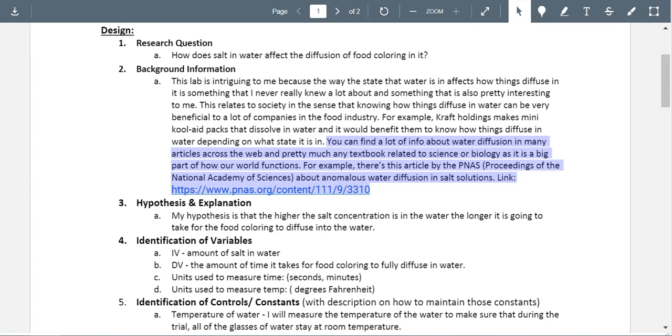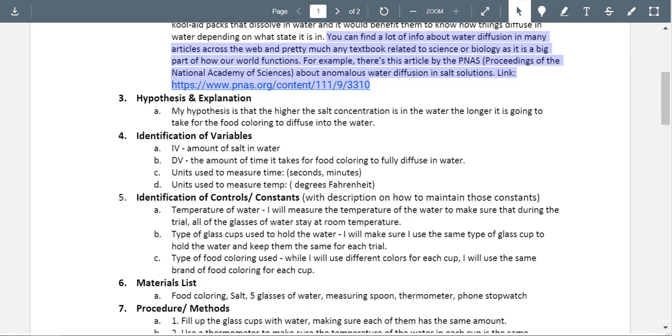Otherwise, you've definitely stopped short there. And I haven't heard anything about salt and how sodium is applying to this and food coloring. What about food coloring in general? So please make sure that you focus on these here. All right, now you go to my hypothesis is that the higher salt concentration water, the longer it is going to take for the food coloring to diffuse into the water.